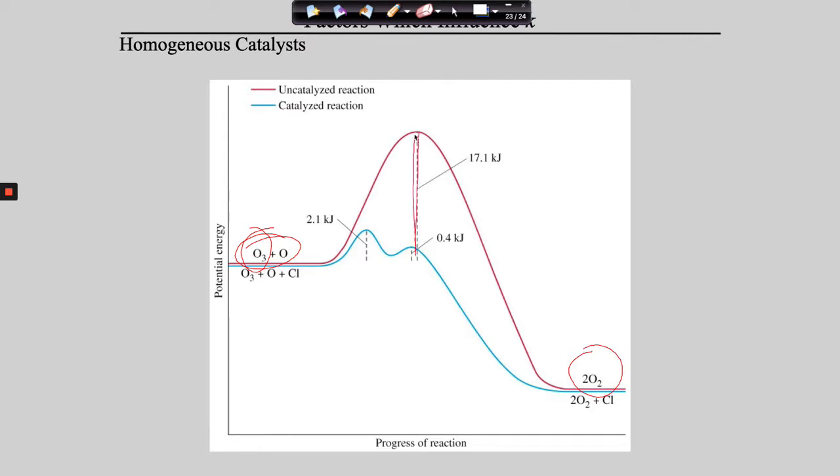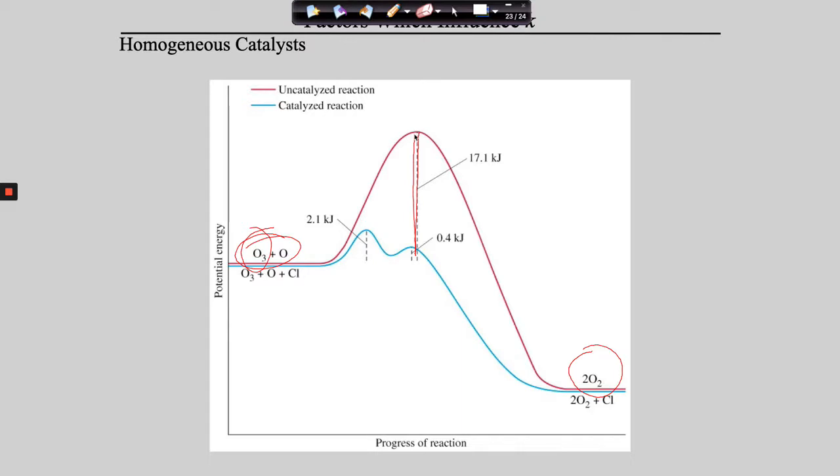But this has a ridiculously high activation energy. So if you're up in our upper atmosphere, there's O3 up there and there's oxygen up there, and they will run into each other, but they got to hit really hard in order to get over the hump. And so we have a lot of O3 in our upper atmosphere because it doesn't react with oxygen very well because the activation energy is high.